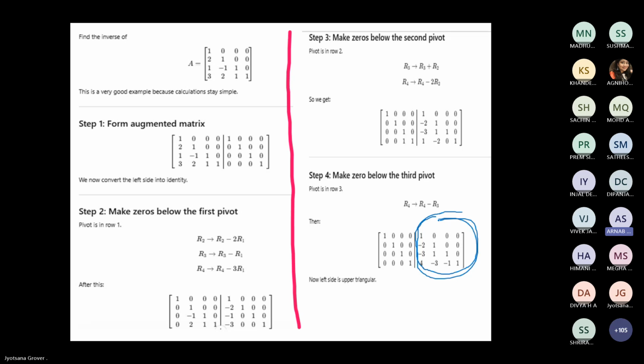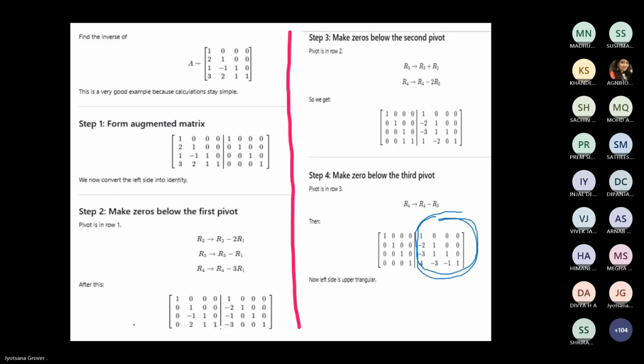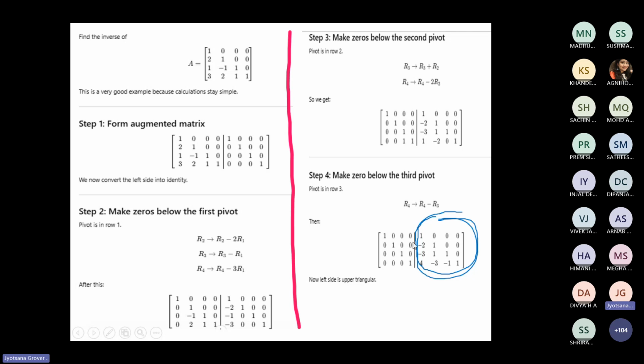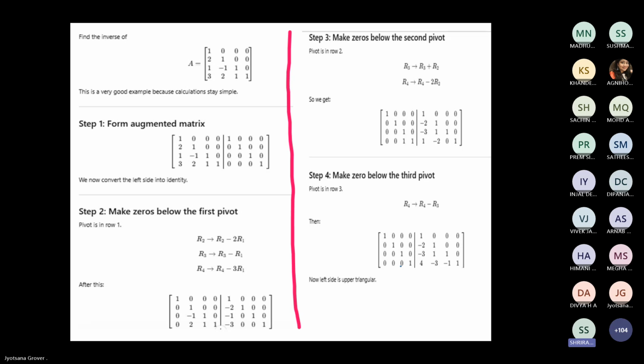Here, after our elementary operations, all the diagonal elements became 1, 1, 1, 1. But if it was like 2, 3, 4, 5, then what would you have done? Suppose you say, okay, we are only doing REF, we are not achieving the identity matrix.